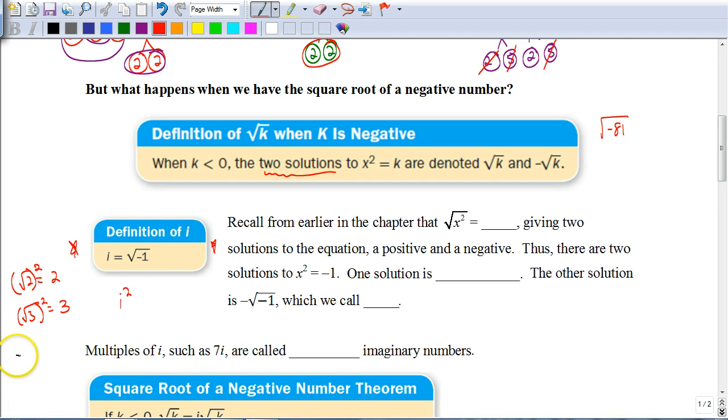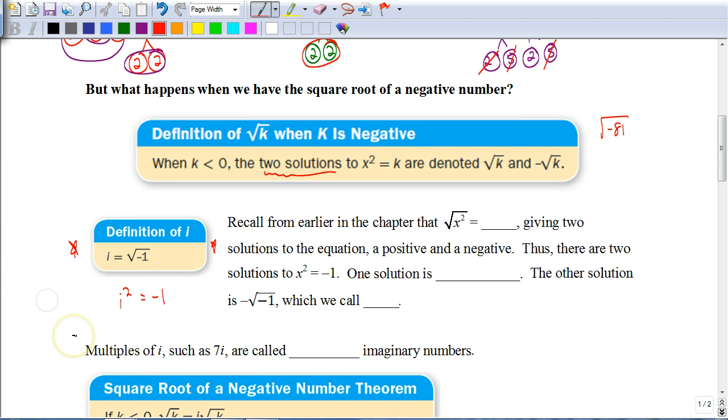Now if I have the square root of negative 1 and square it, well, the square root of negative 1 is the same as i, so i squared is the same as negative 1. So these are the two things that you need to remember.